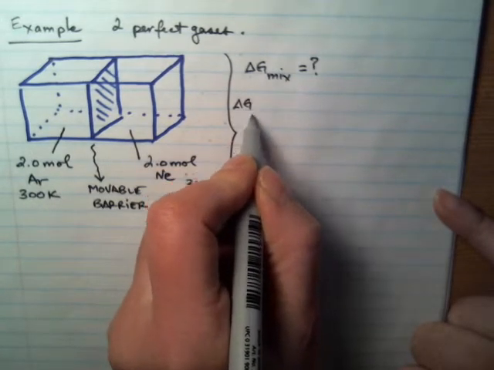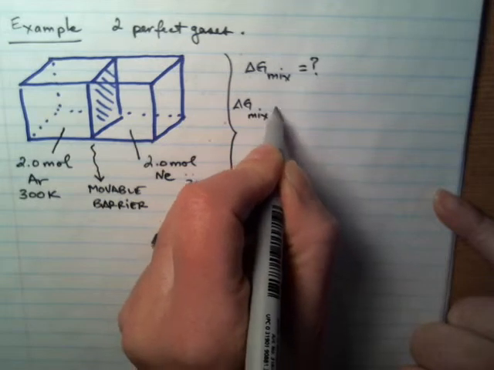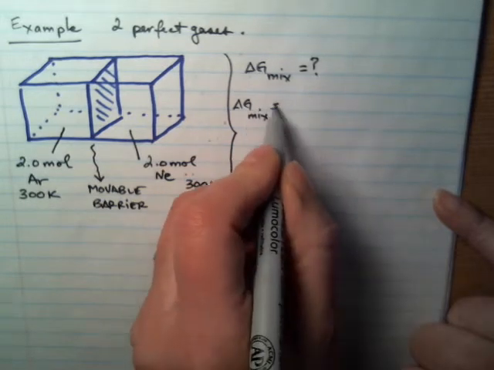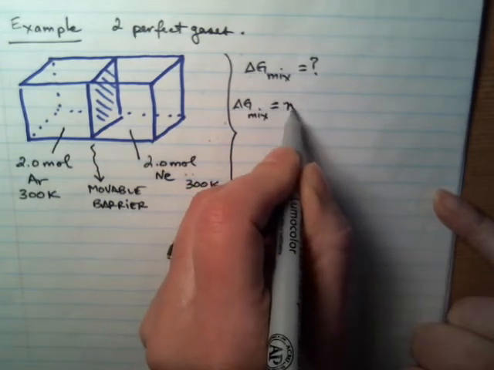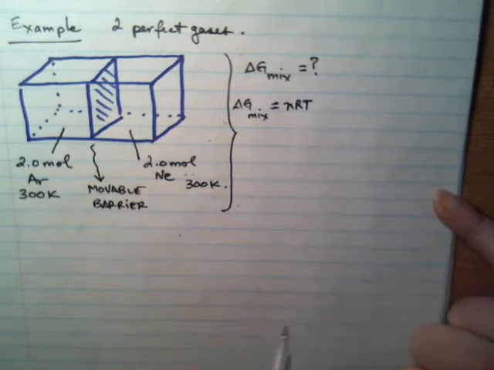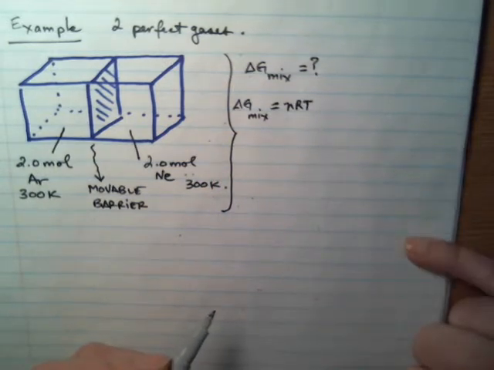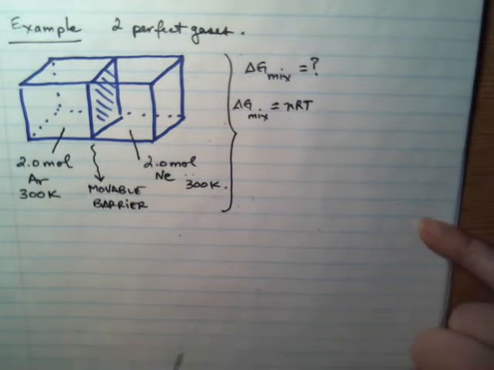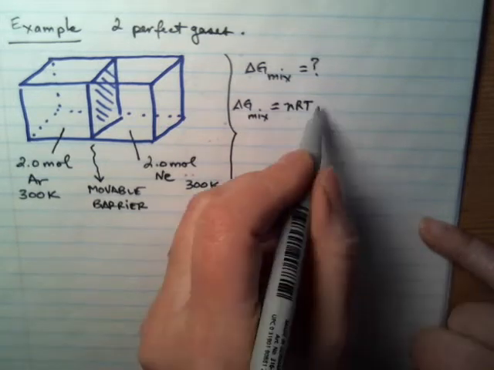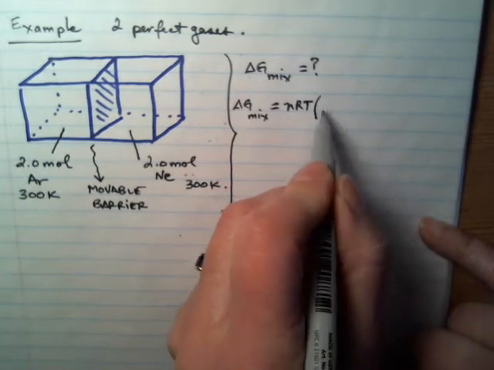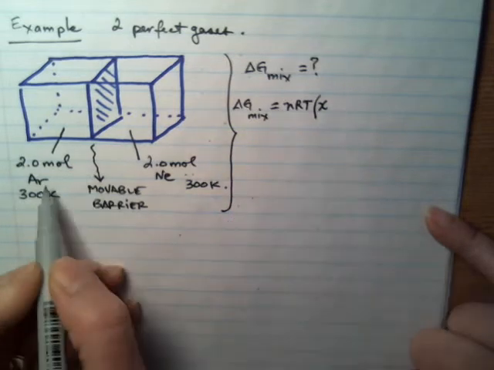So we have the delta G of mixing is equal to, we had factored out an nRT, that n is there, and open bracket, this is where we had the mole fraction of one gas, but let's call them by name.